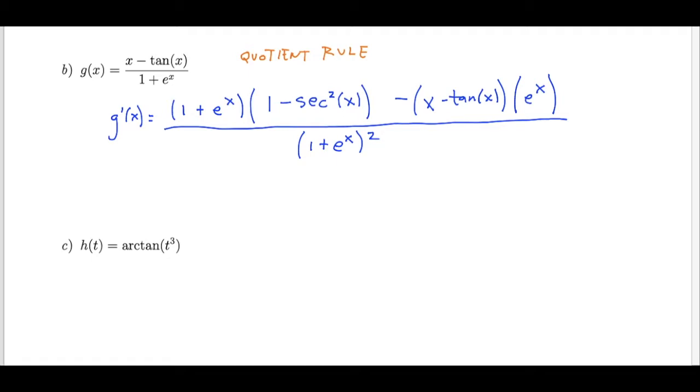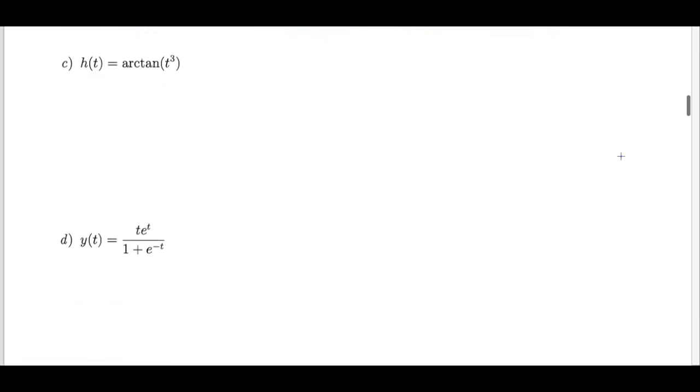I'm just trying to demonstrate that differentiation rule, so I'm satisfied with that answer. Let's scroll down to part C. Here we have a composite function. I have the function t cubed inside of the function arctangent of something. So that composite function indicates that I will be applying the chain rule. To take the derivative of a composite function, I always differentiate the outer function first.